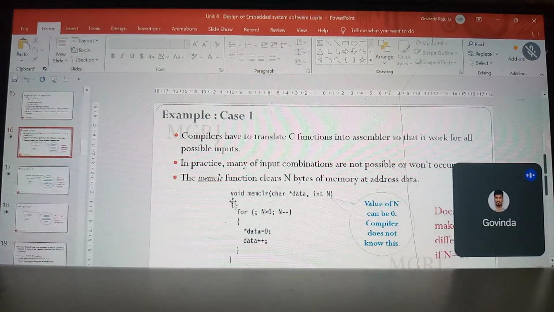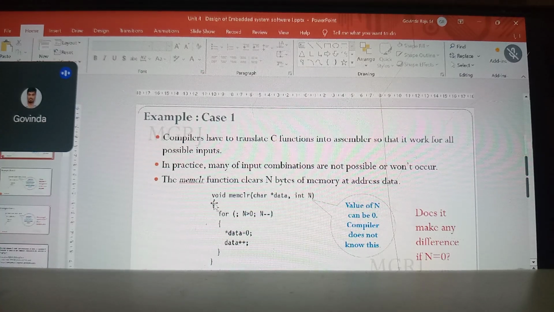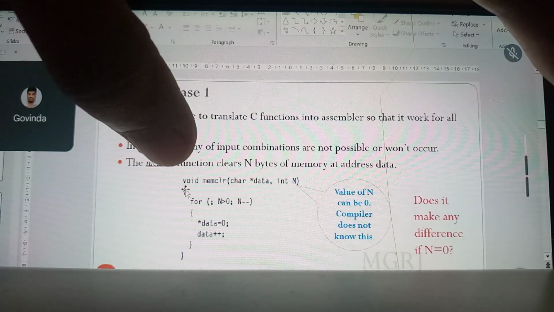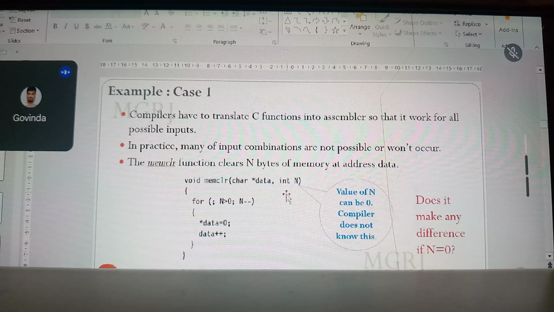What these cases indicate is, as I told you, while generating optimized code the role of compilers is very crucial. But there are certain cases in which even the compiler cannot help us in generating optimized code. One of the cases is when the value of n is equal to 0 for the function memclr. Here you are passing one pointer, character data, and n is the second argument.